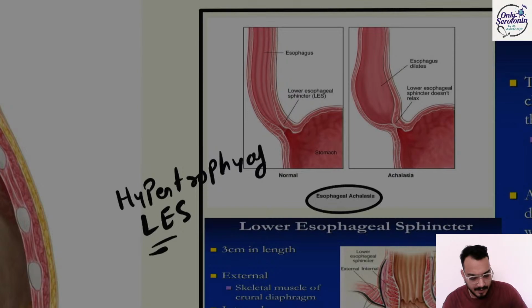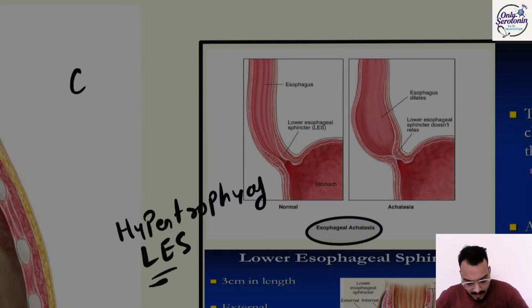Once it gets hypertrophied, try to understand, guys, if this person is eating food, will the food go down? Of course it will go down, but the patient will feel some kind of problem because the sphincter is bigger now, right? So the patient is going to feel some kind of problem at the time of swallowing food. We call it dysphagia.